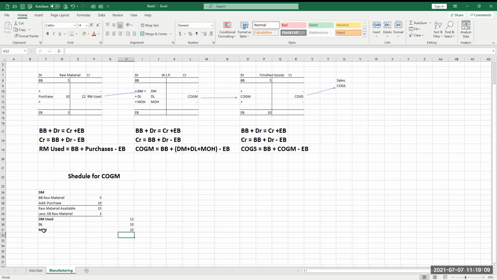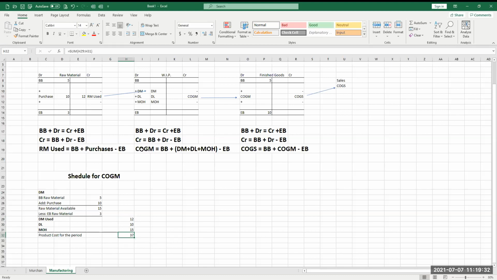So once we get direct material, direct labor, and manufacturing overhead, can we say that we have the product cost for the period? Can I say that? Yes. And my product cost is 37.